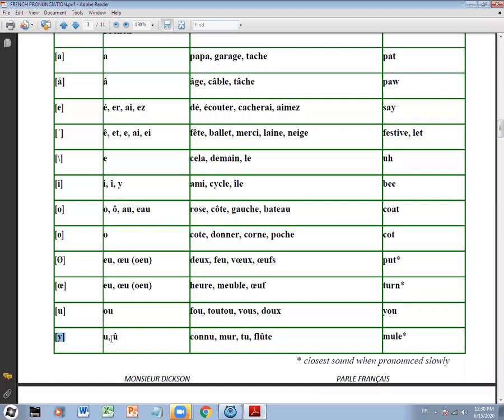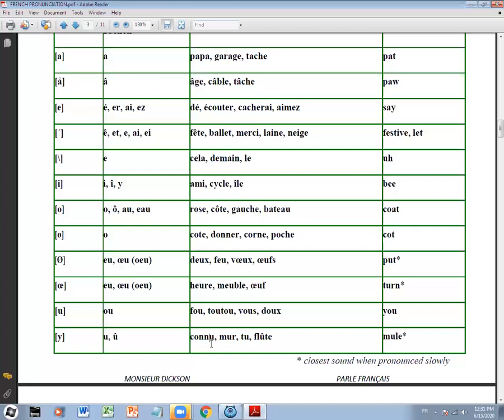So that means this one is now the U. So how will you read this word I've highlighted? Anyone? So this word is read as connu.